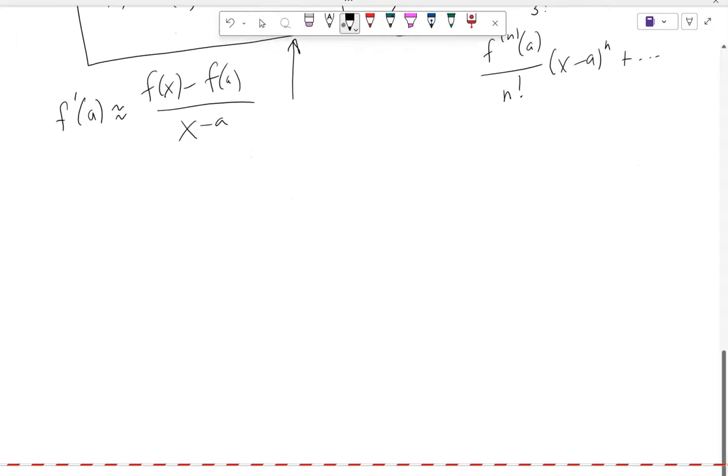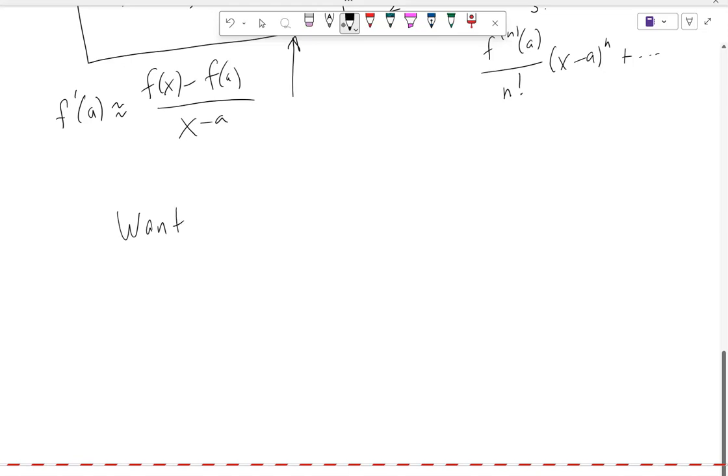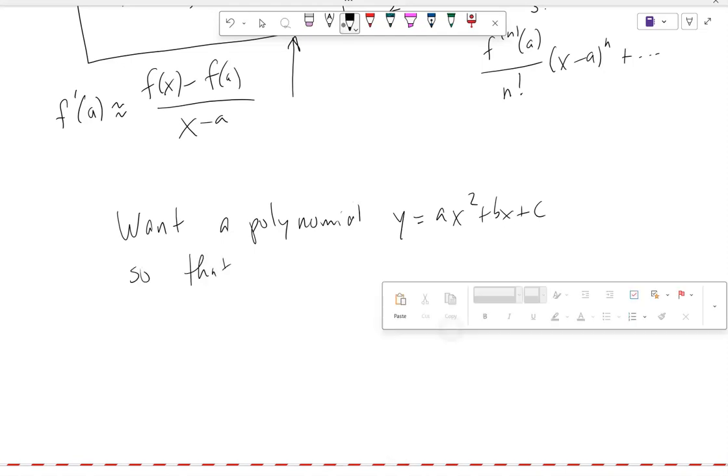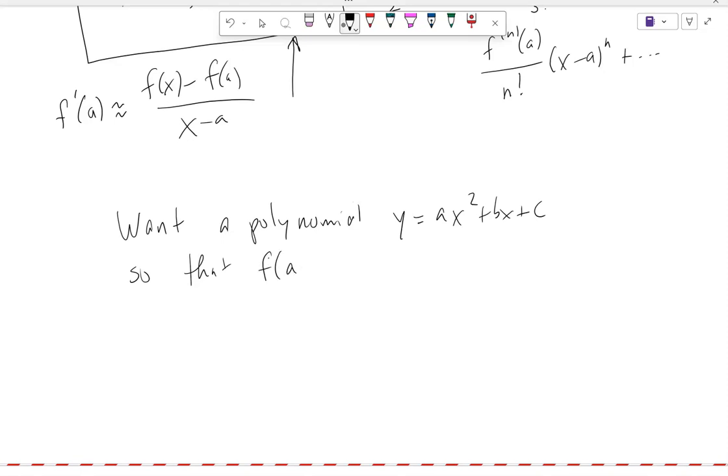We want a polynomial. If you want a quadratic approximation, you would want a polynomial y equals ax squared plus bx plus c, so that f of a equals, let me call it y of x here, just so I emphasize that it's a function.